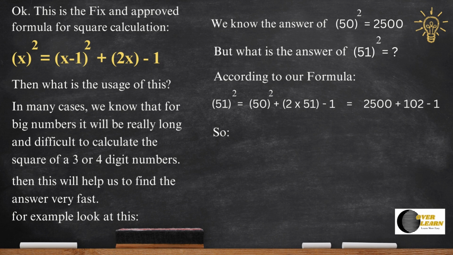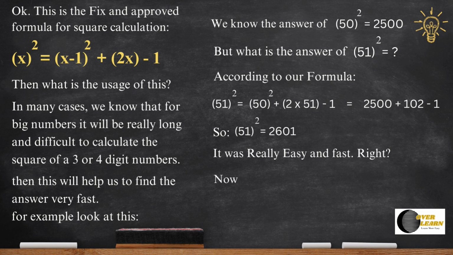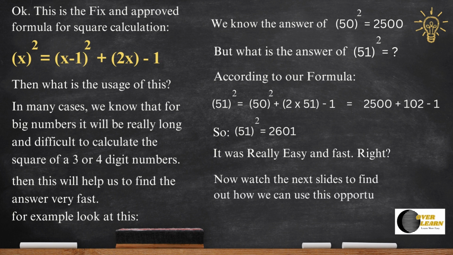So 51 power 2 is equal to 2601. It was really easy and fast, right? Now, watch the next slides to find out how we can use this opportunity as a very useful method.